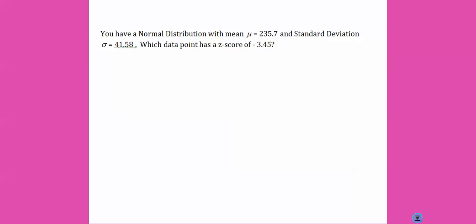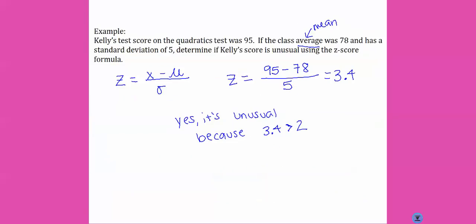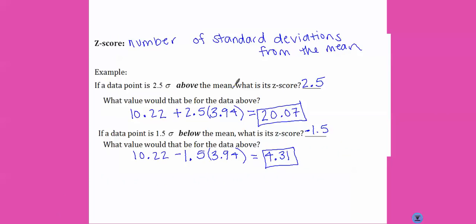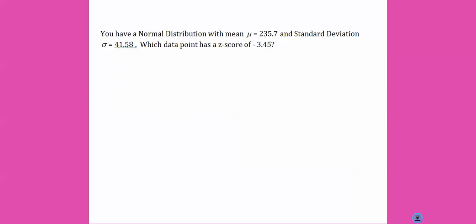All right, you have a normal distribution, which is just saying we can use our formula, with a mean of 235.7 and a standard deviation of 41.58. Which data point has a z-score of negative 3.45? All this is a different way of asking this same question. Take the mean.